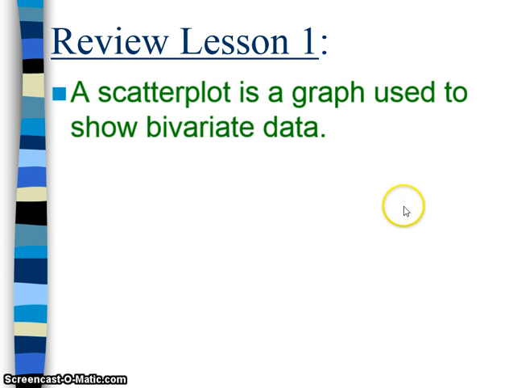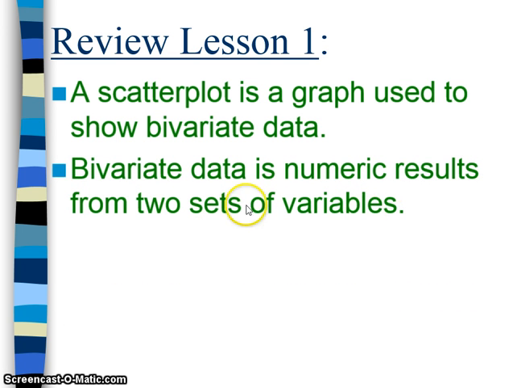In Lesson 1, we learned that a scatter plot is a graph used to show bivariate data. And by bivariate data, we mean bi meaning two, variate meaning variables. Two variable data. This two variable data must be numeric, meaning it has to be of number origin.